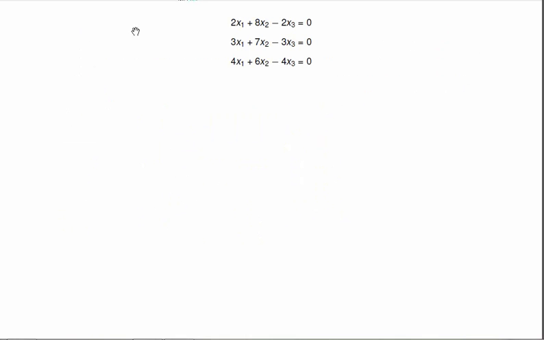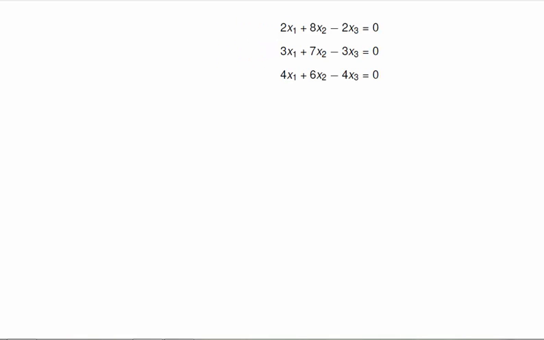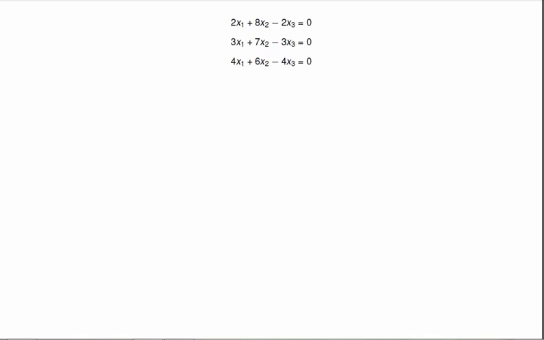So now let's consider this system. We want to solve this to see if it has only the trivial solution or if it does have non-trivial solutions. So we will put it in a matrix and row reduce.